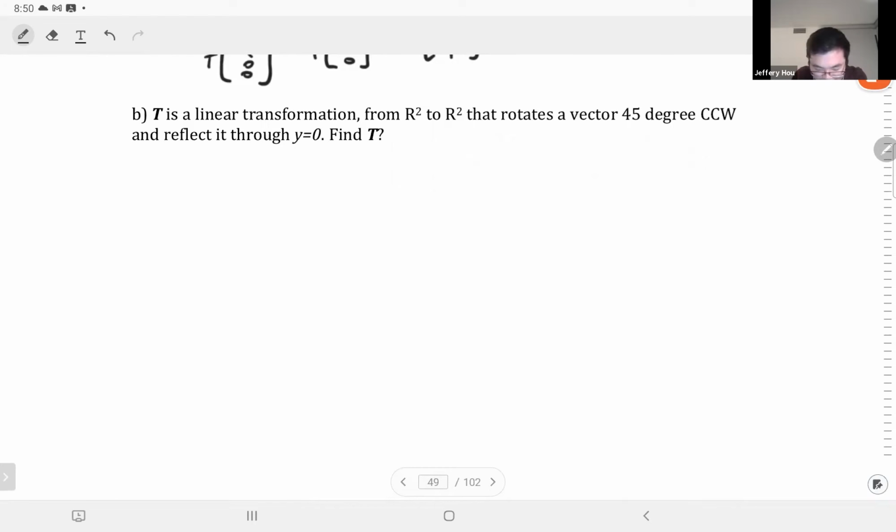A linear transformation of R squared rotates by 45 degrees and reflects through y equals 0. Step 1: let's find the image of the point (1, 0), some random point, because we want the transformation of (1, 0) and the transformation of (0, 1).